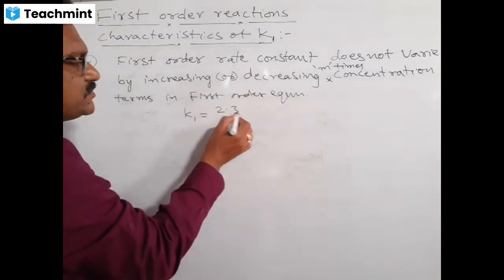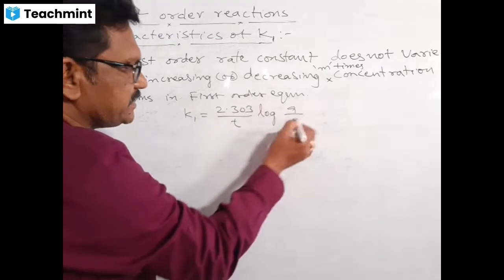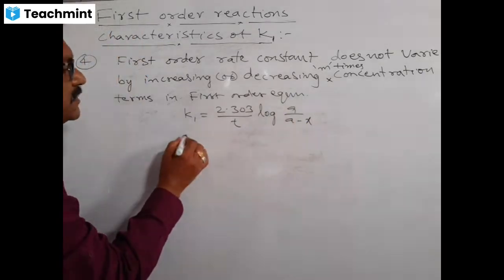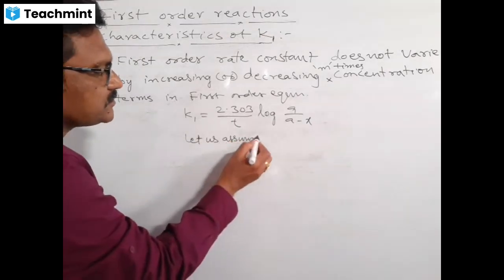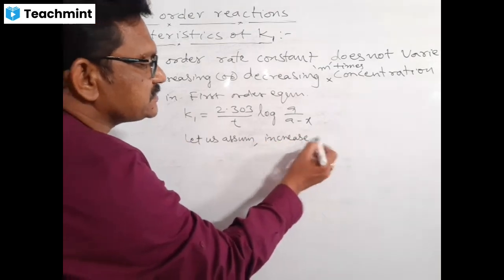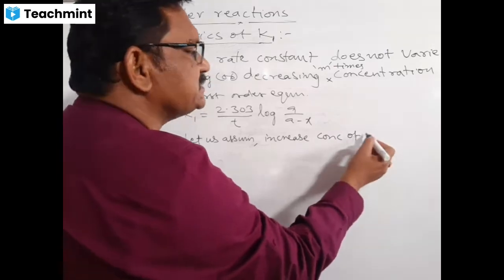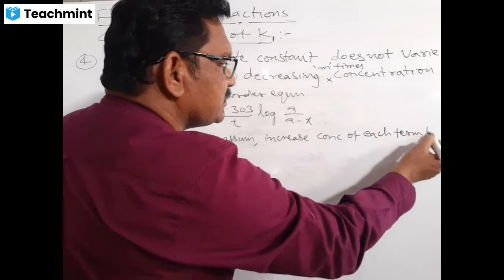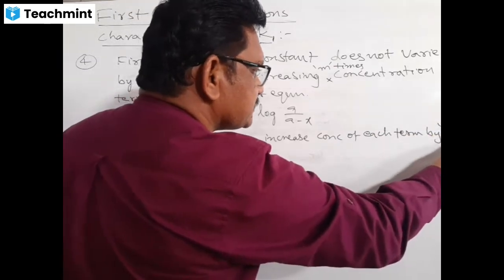K1 is equal to 2.303 by T log of A by A minus X. For example, let us assume we increase the concentration of each term by m times.